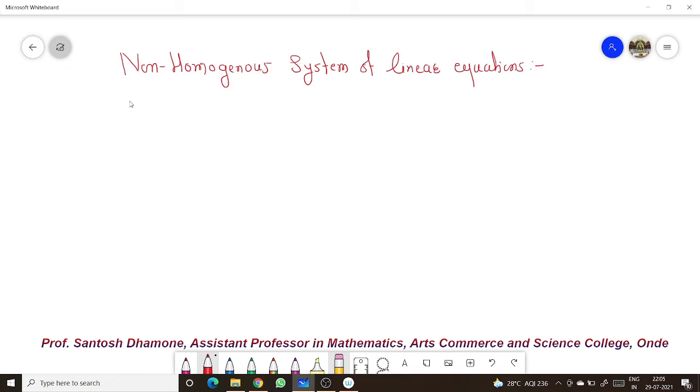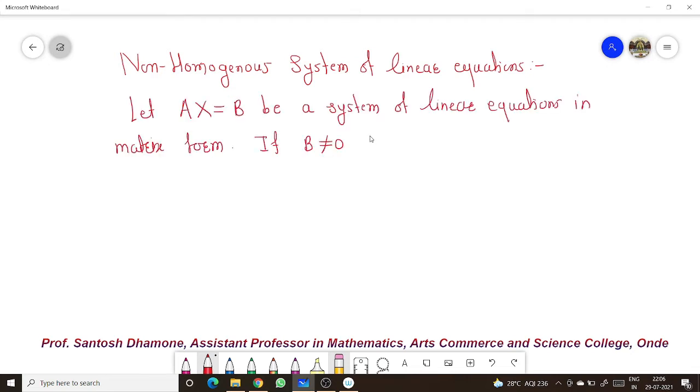If b is not equal to 0, then the given system of linear equations is non-homogeneous. Then its solution includes three cases.